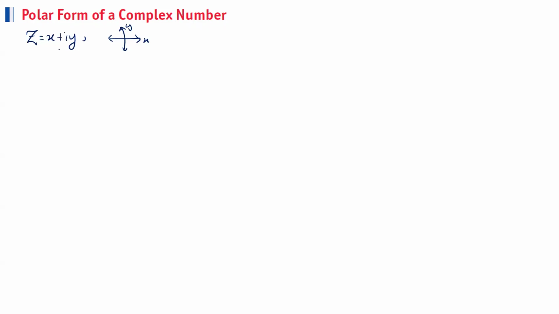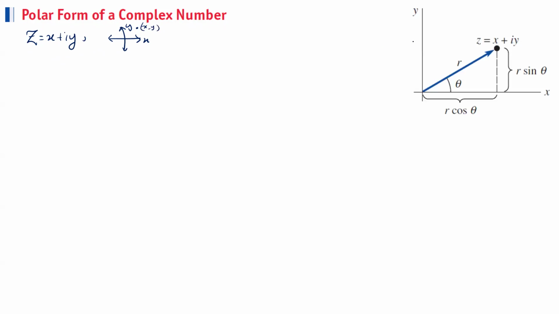For example, if I have a complex number z in this Argand diagram, a point with coordinates x and y, I can use basic trigonometry to convert this into polar form. Consider this figure where I have a complex number z, which is x plus iota y, an ordered pair x and y.